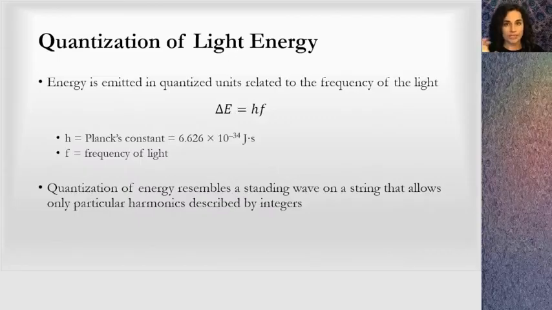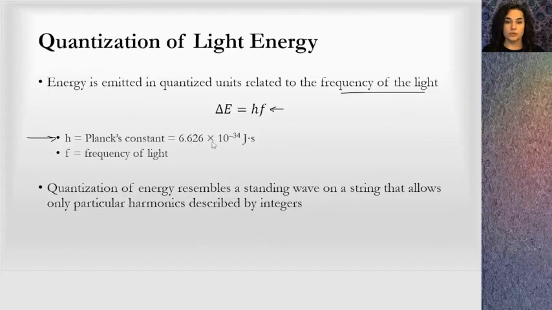When there's a transition between states, whether it be an oscillator or in an atom, the energy emitted is quantized in units related to the frequency of the light. So you can see the frequency is in here. Delta E equals h delta f. h is a very important constant in the cosmos, Planck's constant.